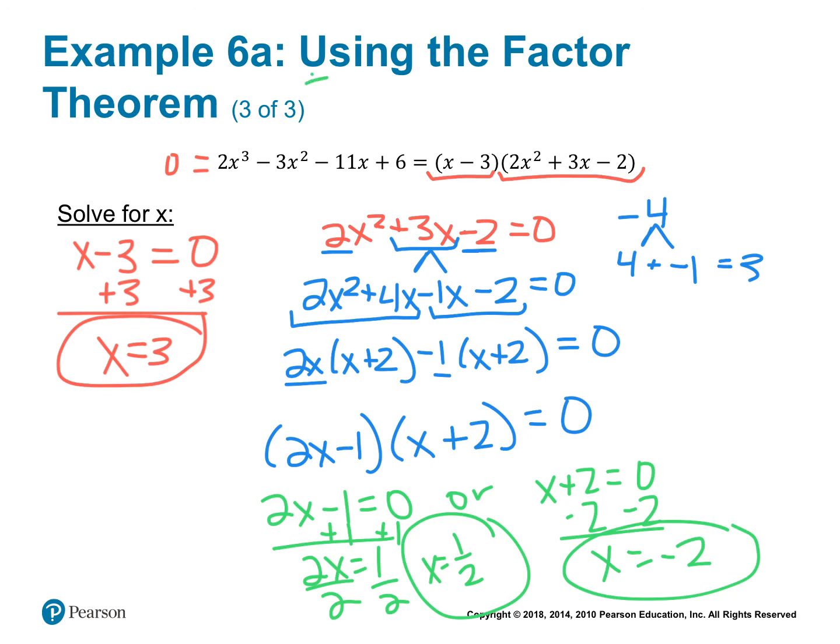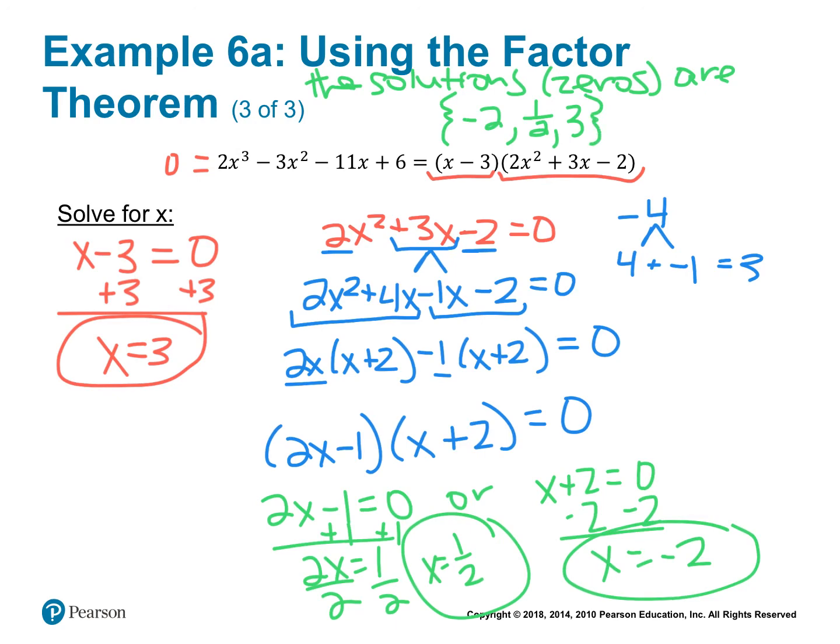So the solutions or zeros are, we'll write them in order, negative 2, 1/2, and 3. So those are all the x's. They would make this function equal 0.